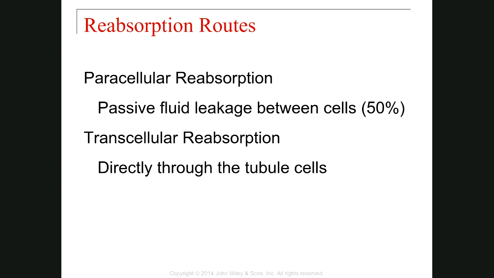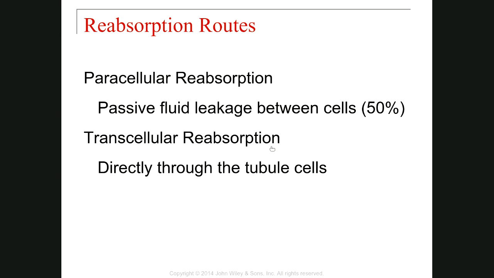We have two different routes for reabsorption. A substance being reabsorbed from the fluid in the renal tubule lumen can take one of two routes before entering the peritubular capillary.